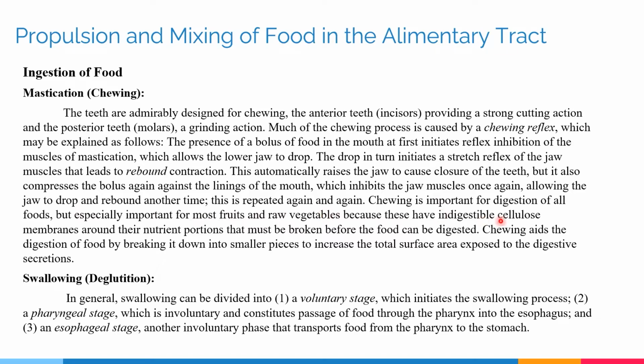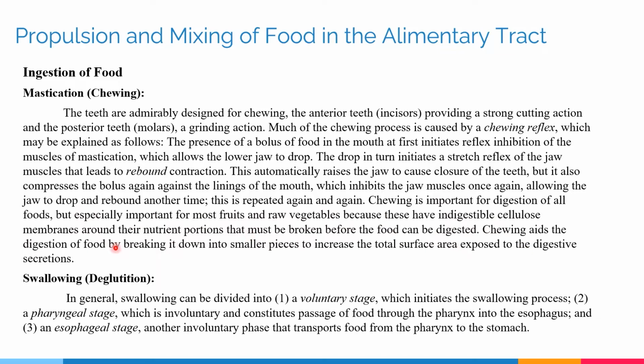Chewing is important for digestion of all foods, but especially important for most fruits and raw vegetables because they have indigestible cellulose membranes around their nutrient portions that must first be broken down before the food can be digested.